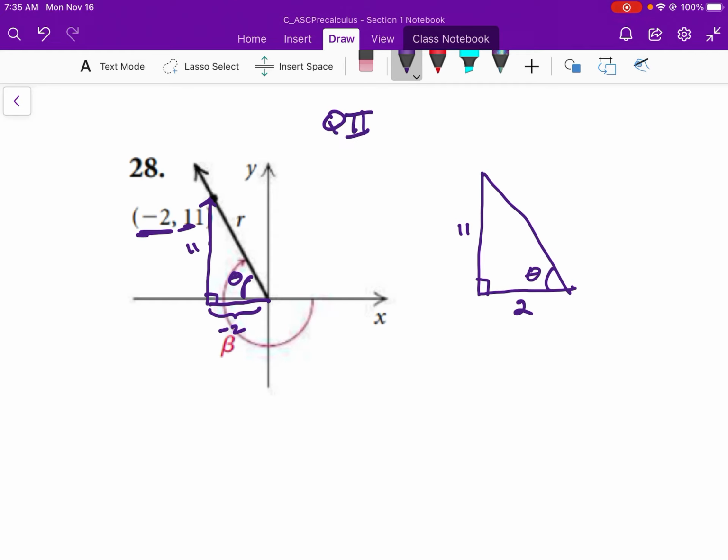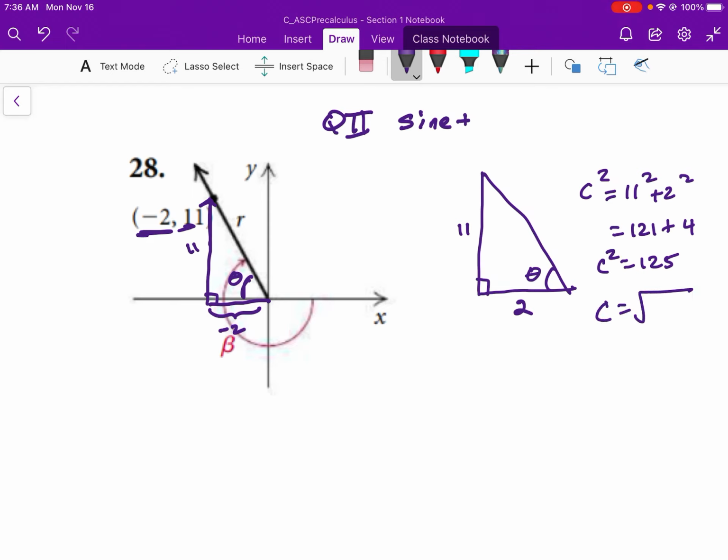It's in quadrant 2, which means that the only thing positive is sine. Sine is positive. All students take chemistry. So sine is positive. Let's find the hypotenuse. C squared equals 11 squared plus 2 squared. 121 plus 4 makes 125. 125 divided by 25 is 5.